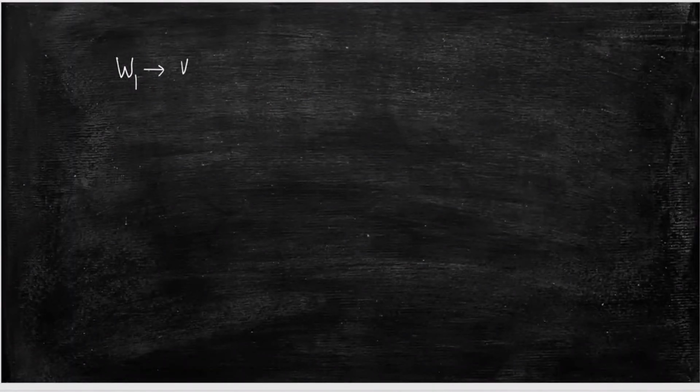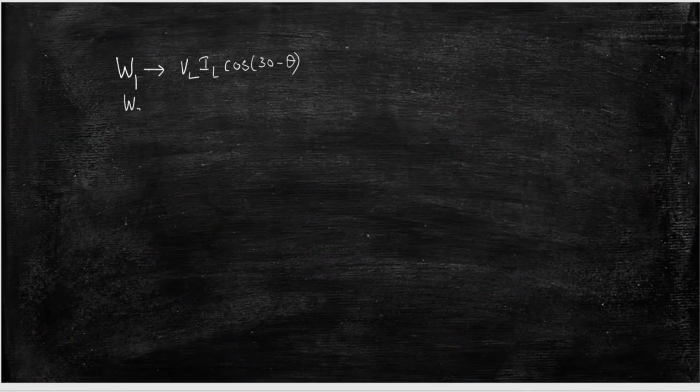Now you got W1 as VL IL cos 30 minus theta, and W2 as VL IL cos 30 plus theta.